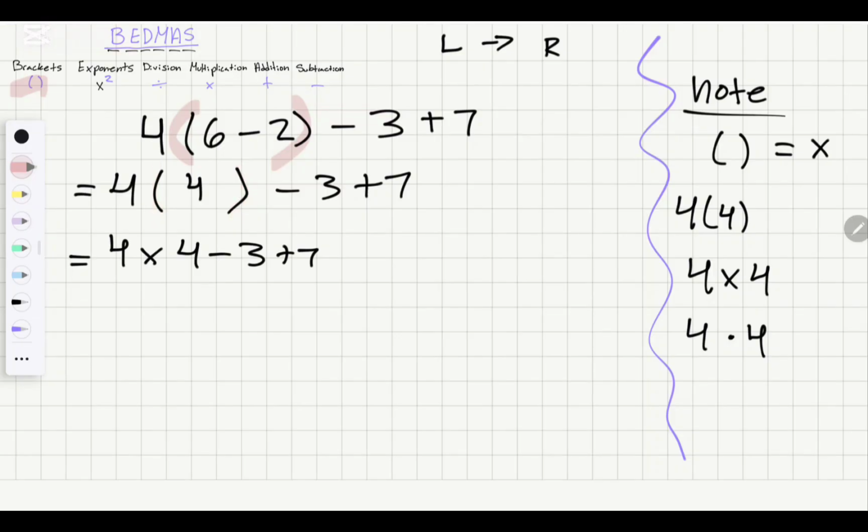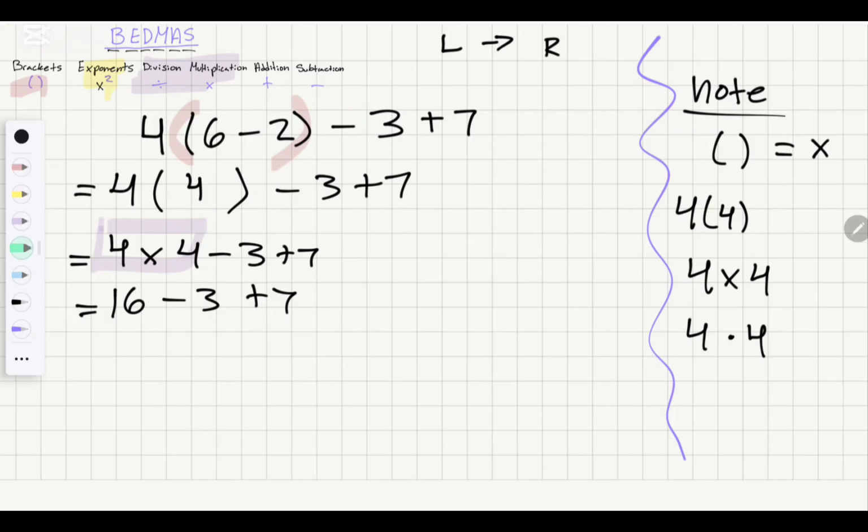Alright, so next is, do we have any exponents? No, we don't. So I'm going to move on to division and multiplication. I don't see any division. I do see multiplication right here. So let's solve that. 4 times 4 is 16. And I'll bring down the rest of my equation, minus 3 plus 7.